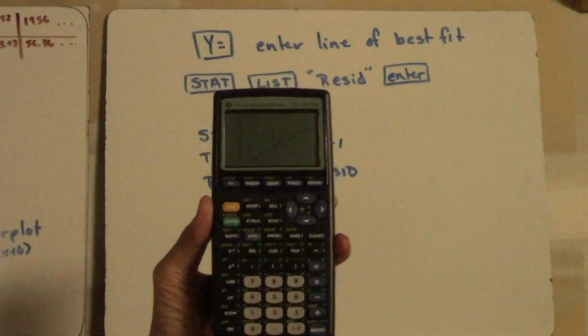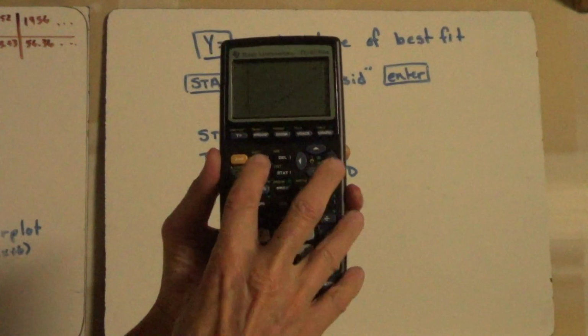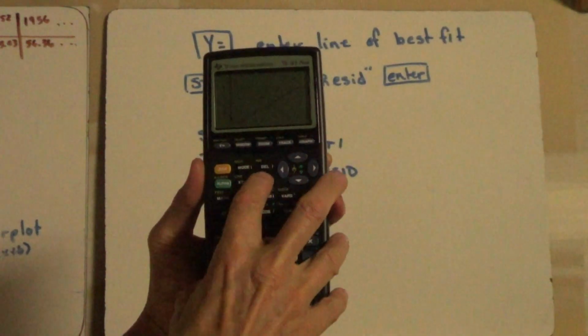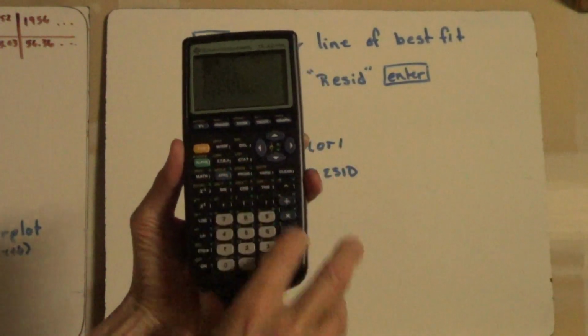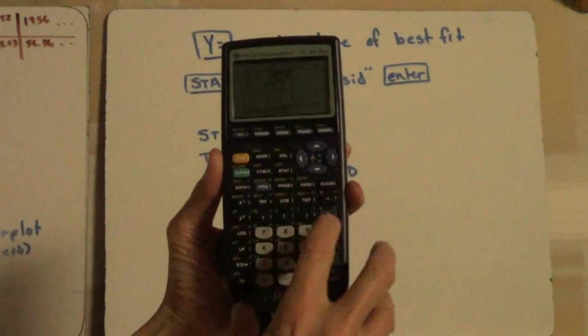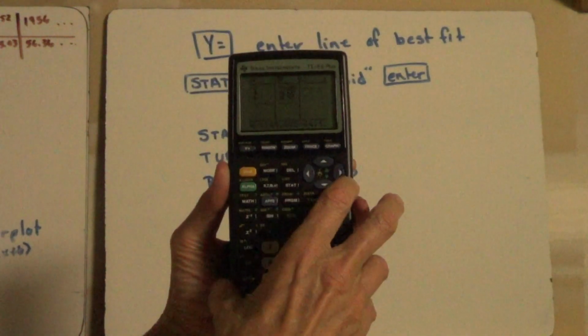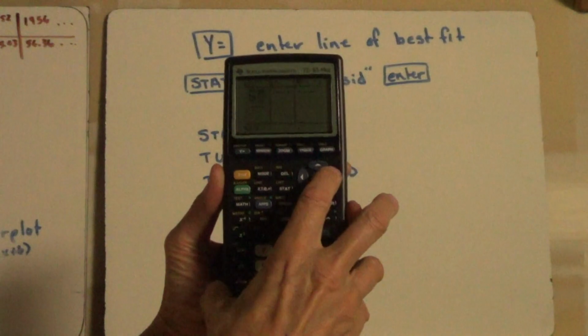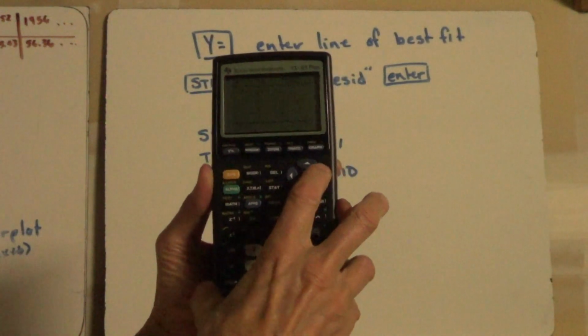And then the next thing that I want you to do is go to your stat again and go to edit. And on these lists, go up to the top there with the lists and go over until you don't have a number on them.